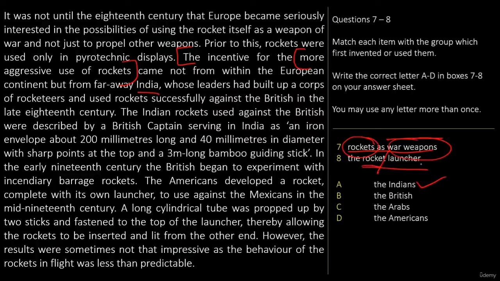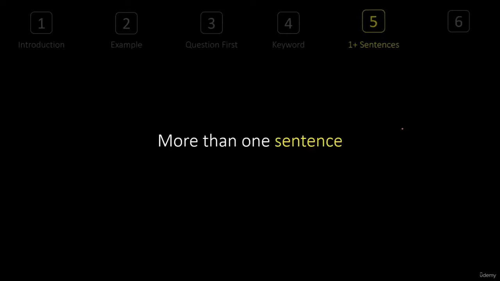They might provide rocket first and then launcher again in a different place. Don't just look for rocket launcher and don't get stuck on that. Expect synonyms, expect different usage, or expect those words separately, but in the same tandem. Okay, cool.